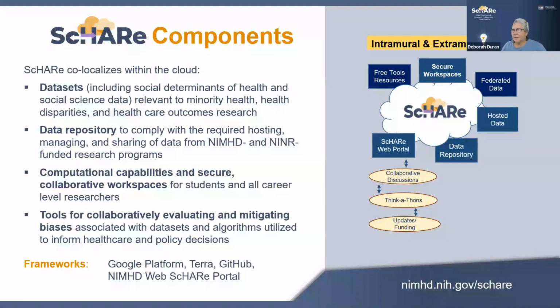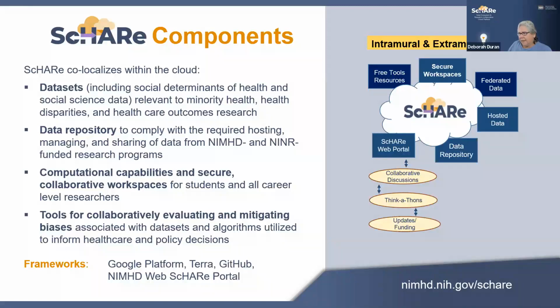Okay. So ScHARe is made up of multiple components. It has data sets that are population science-based, including social determinants of health, environmental, and behavioral data sets. We're building a data repository based on common data elements and federated data sets that can be combined. Like any other cloud, we have many computational abilities, and because of Terra, we have private workspaces.